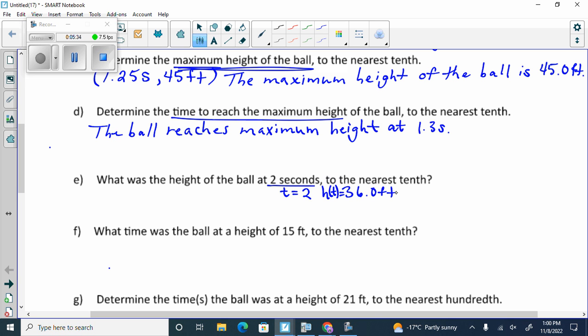So the height of the ball at 2 seconds is 36.0 feet.